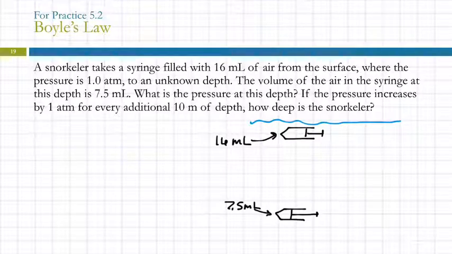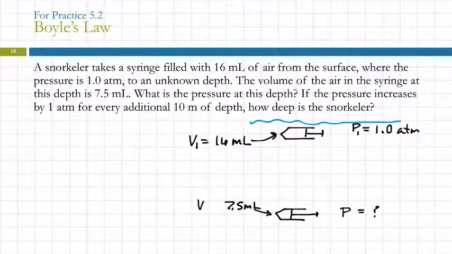The pressure up here is 1 atmosphere. The question is asking us, what is the pressure down here? So we have volume changing and we have pressure changing. Let's call this volume 1, and let's call this pressure 1, because those go together.